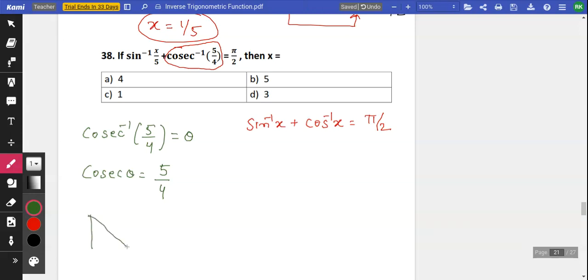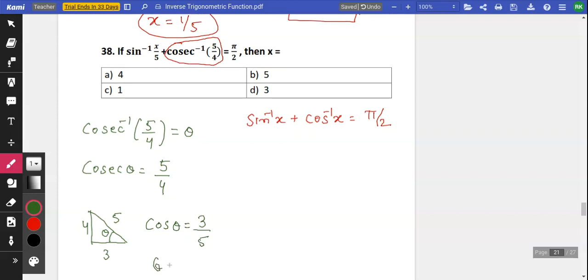Draw a right angle triangle. Suppose this angle is theta, and cosec theta is basically hypotenuse upon perpendicular. Using Pythagoras theorem the base becomes 3. Basically cos theta is base upon hypotenuse. Base is 3 and hypotenuse is 5.